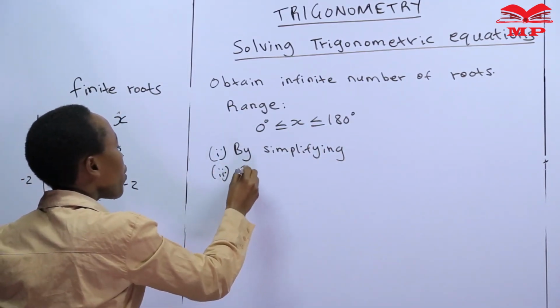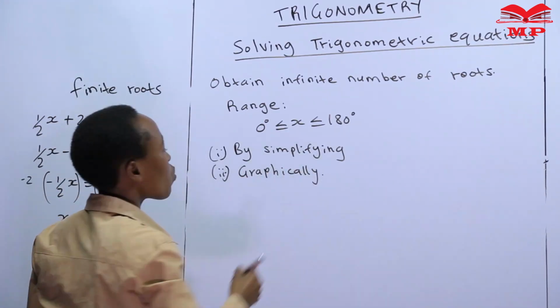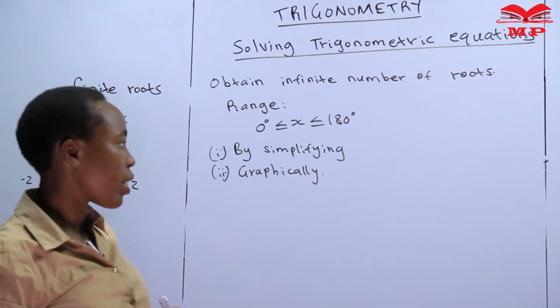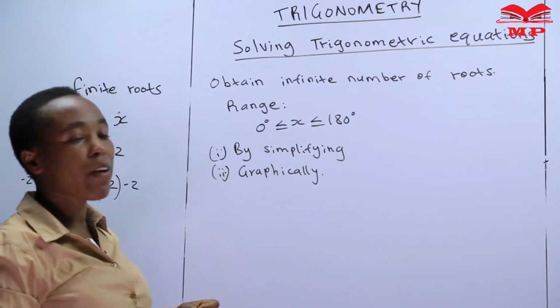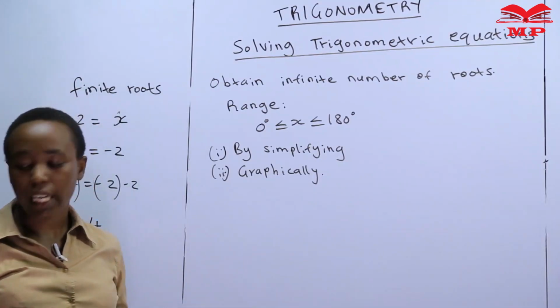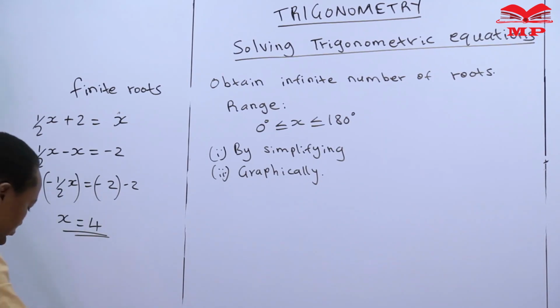Then number 2 will be solving graphically. That is using the graphical method. I want us to start with the first one, whereby we'll be simplifying, then we can move on to the graphical method.